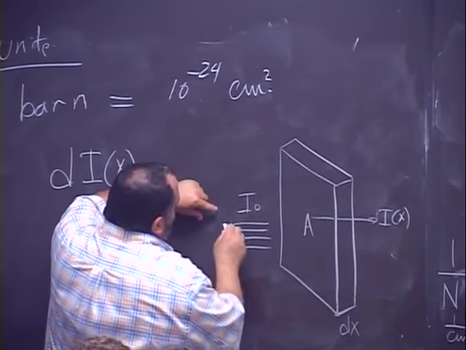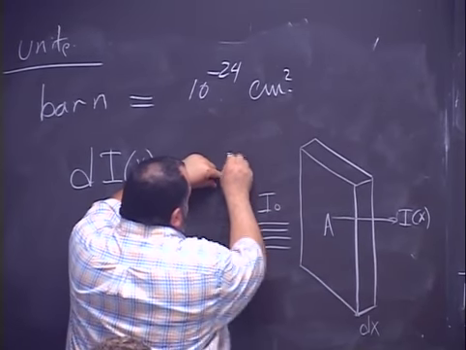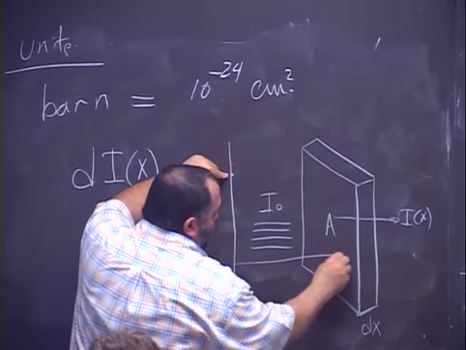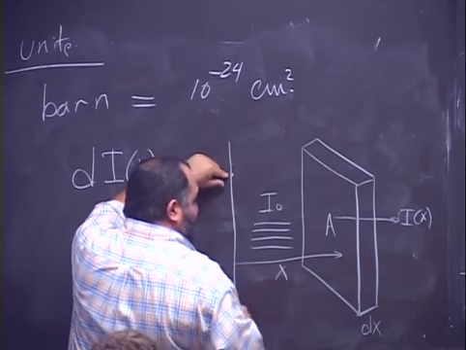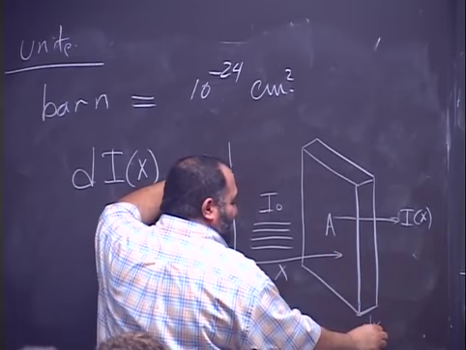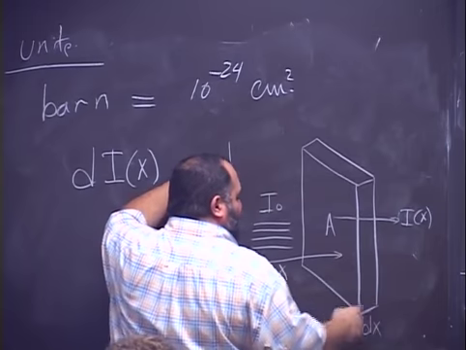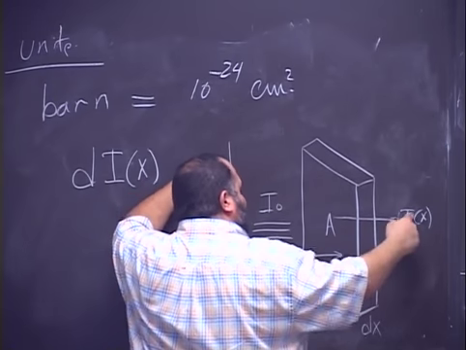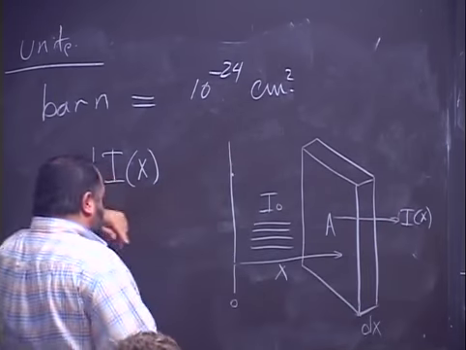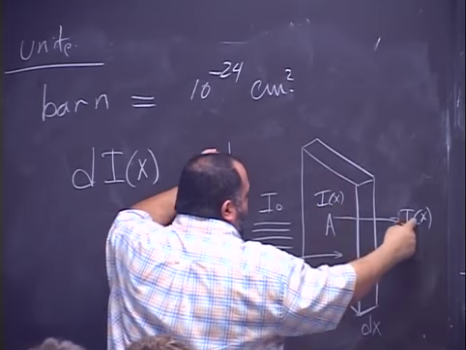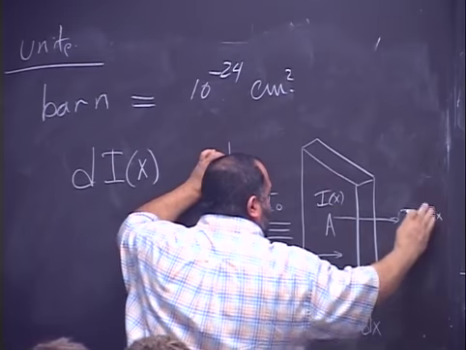So let's assume that here is the 0 of the x-axis. Up to here, I have x, then you interacted within delta x. So from here to here, x, and you interacted inside delta x. The intensity will be I of x here, and here I of x plus delta x.